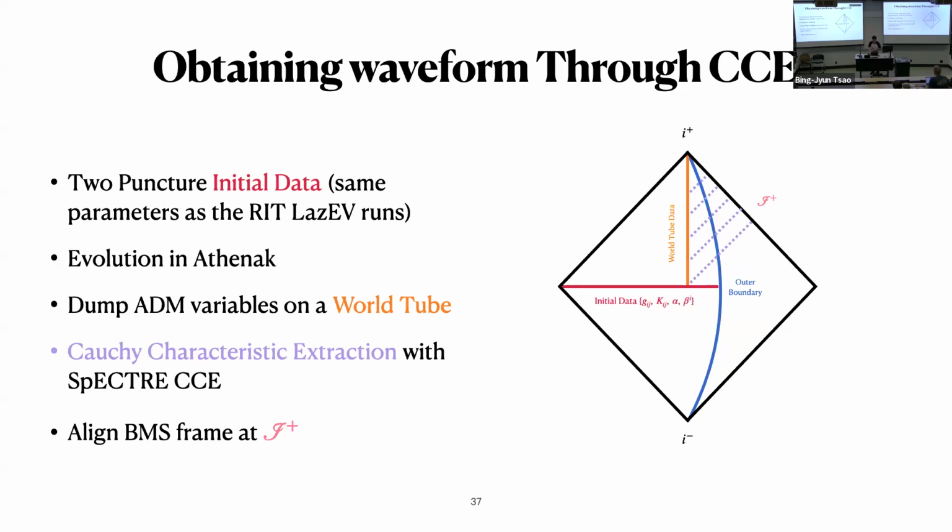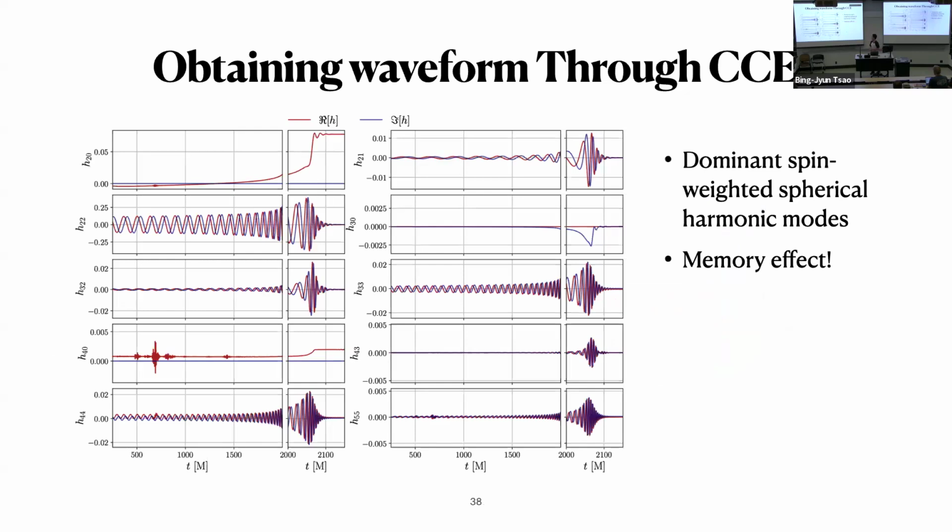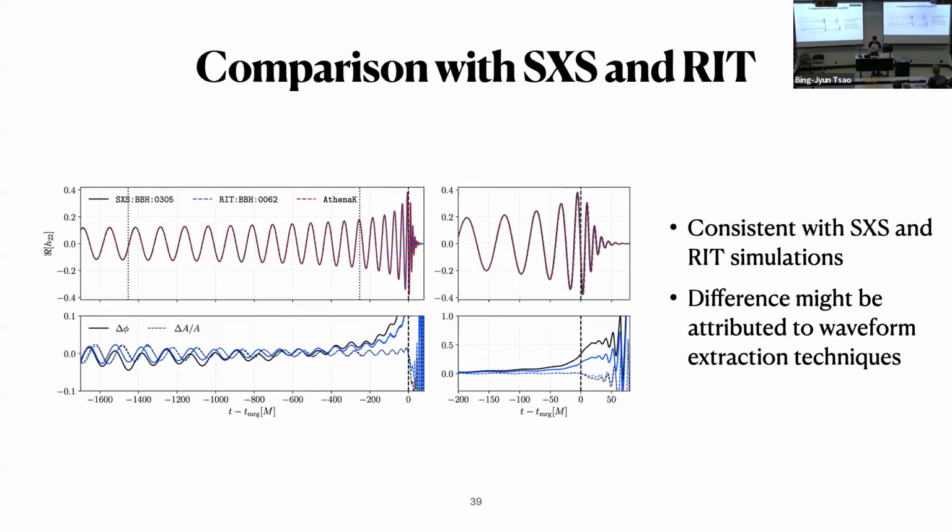Okay, so here are some of the waveforms that we are getting through the SpECTRE CCE. Some of the dominant modes, including the m = 0 modes, where you can see the memory is more pronounced, say in the 2-0 mode, as well as the more dominant l = m modes, like the 2-2 mode, 3-3 mode, and 4-4 mode.